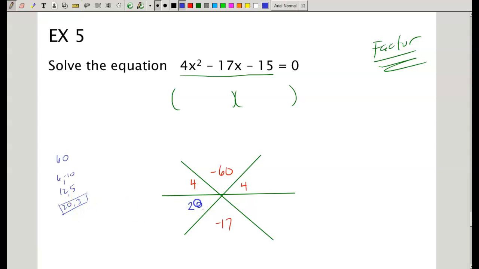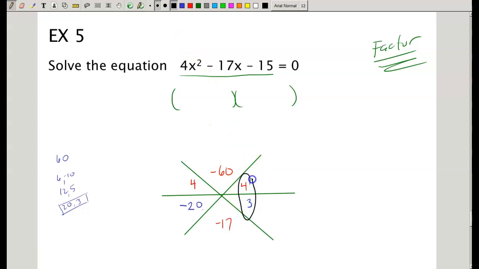If I take 20 times 3, that's 60. One of them thus has to be negative. So I'm going to say negative 20 times 3 is negative 60, and negative 20 plus 3 is negative 17. So there's our correct factoring.